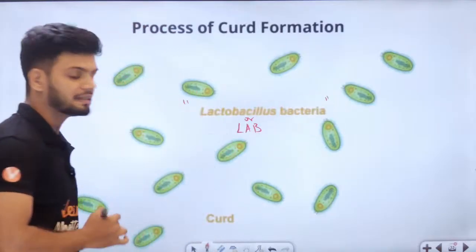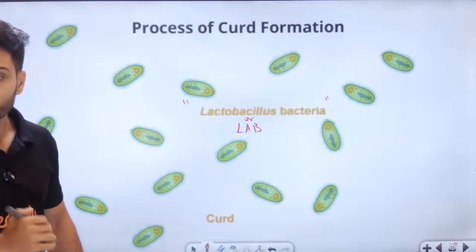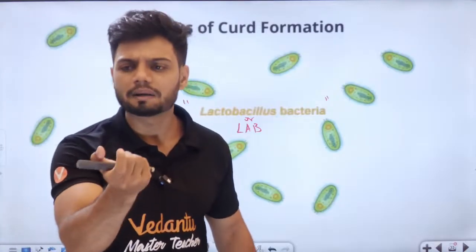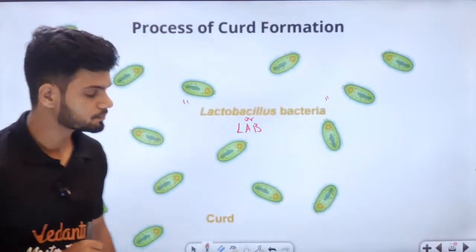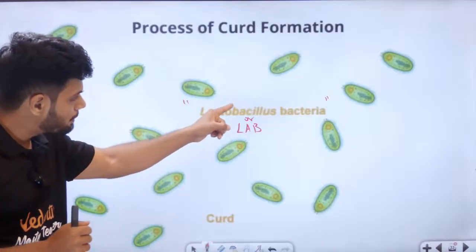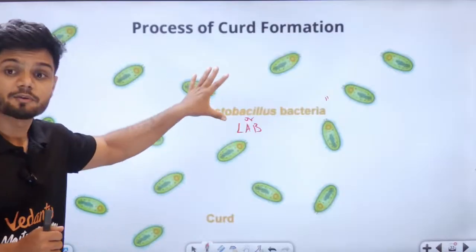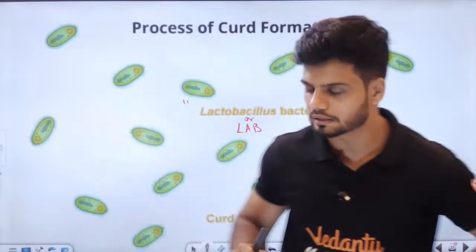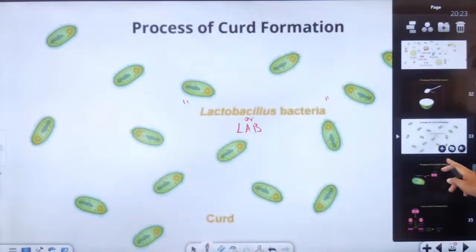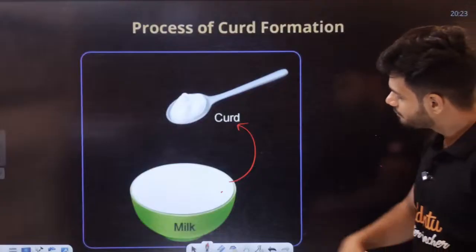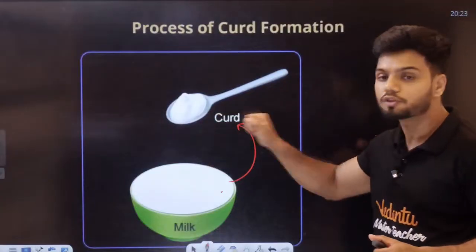Fat globules are basically lipid molecules. Now, lactobacillus bacteria, or LAB, is present in the curd. What will happen when we take the curd and mix it into the milk?